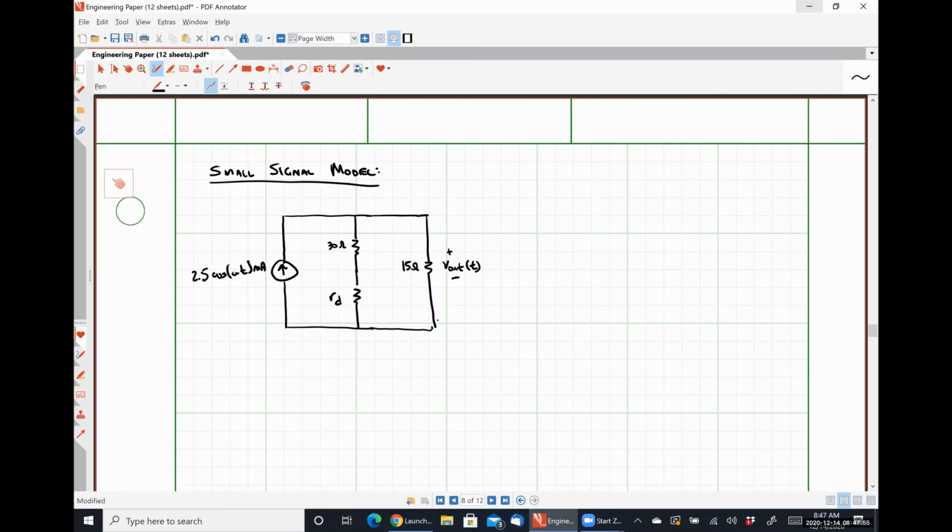So the first thing that we need to do in order to solve this is to determine what our dynamic resistance is. So if you recall, capital ID, our DC biasing point for our diode, gave us a current of 821.979 milliamps.